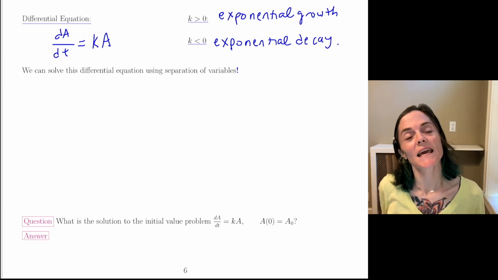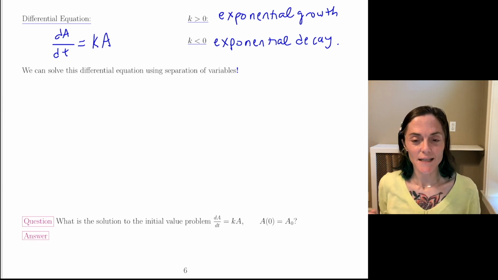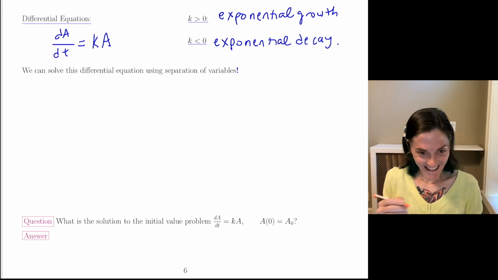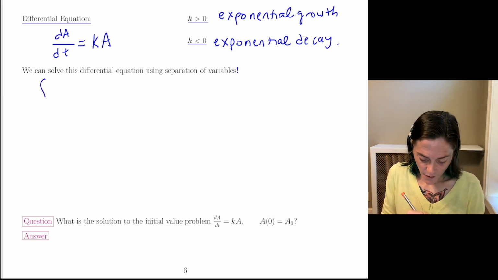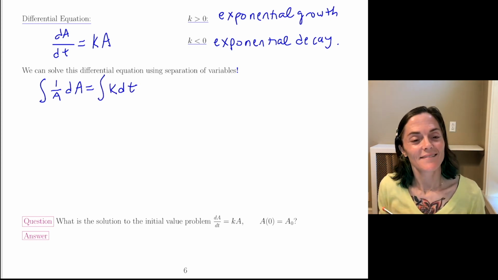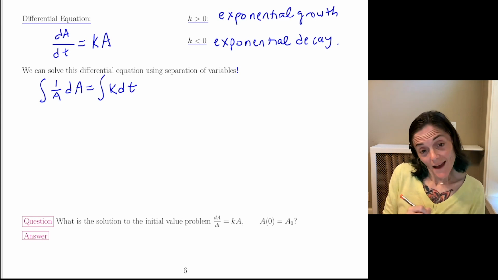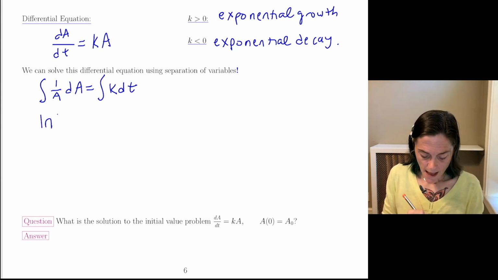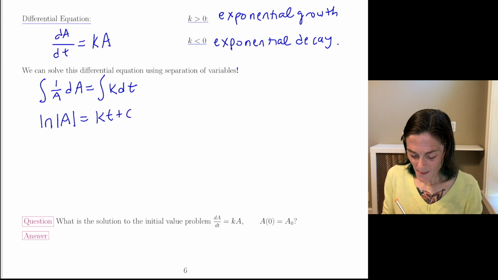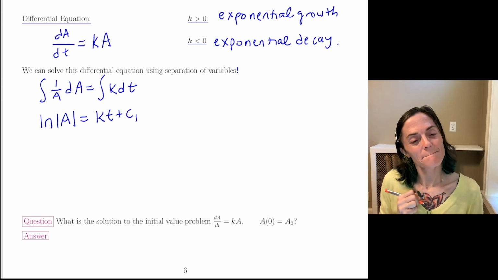Now, the beautiful thing, we can solve this differential equation using separation of variables. So how are we going to do this here? Well, we would have the integral of 1 over A dA equals the integral of k dt. On the left-hand side, we have ln absolute value of A. On the right-hand side, we have kt plus some constant, say C1.